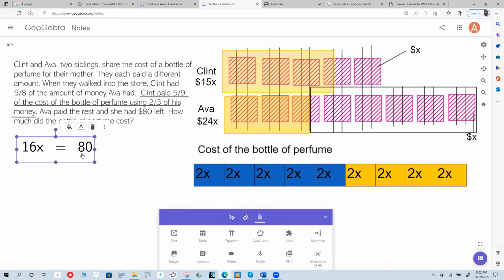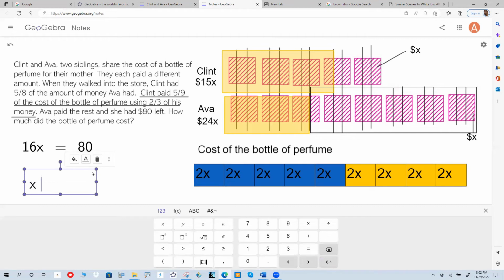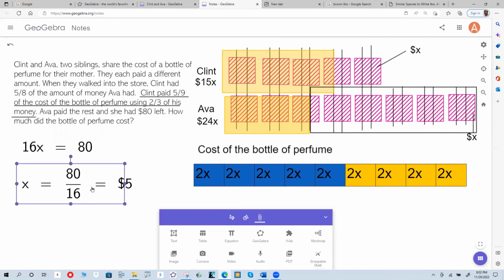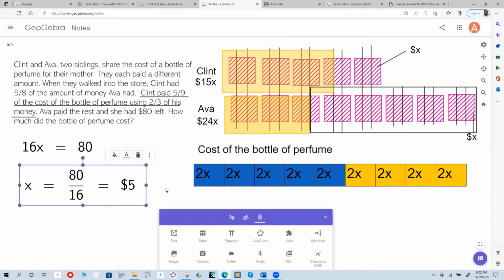Therefore, X is equal to 80 over 16, which is 5. X must represent $5. We're now almost done, actually.